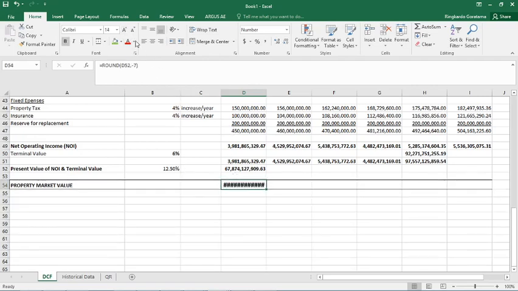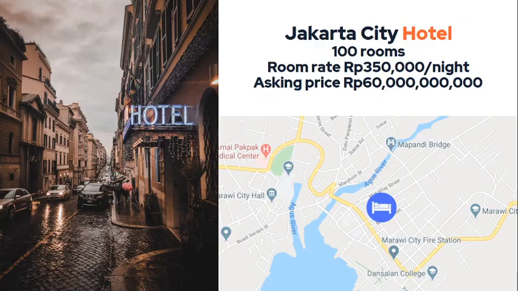So if we compare to the asking price, 60 billion, so we can say that the owner sell the property below the market value based on our BOV. So this will be a good deal also for the potential investor.